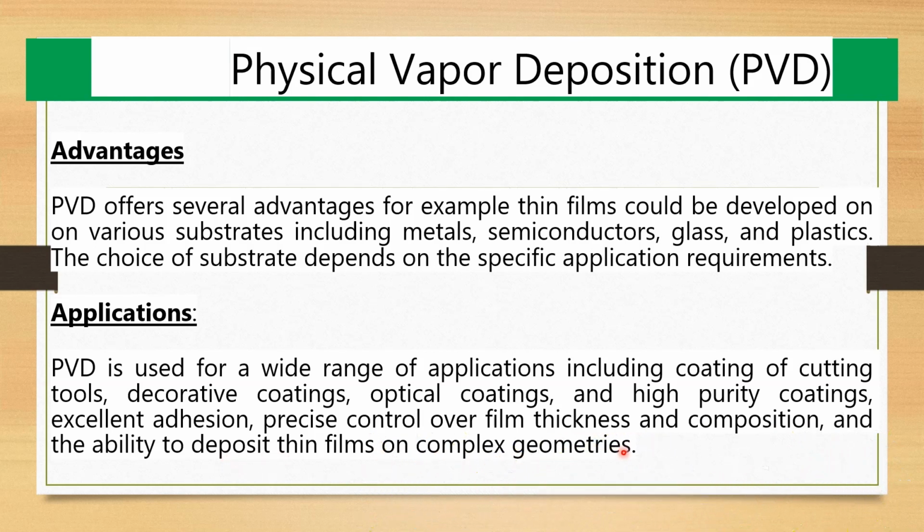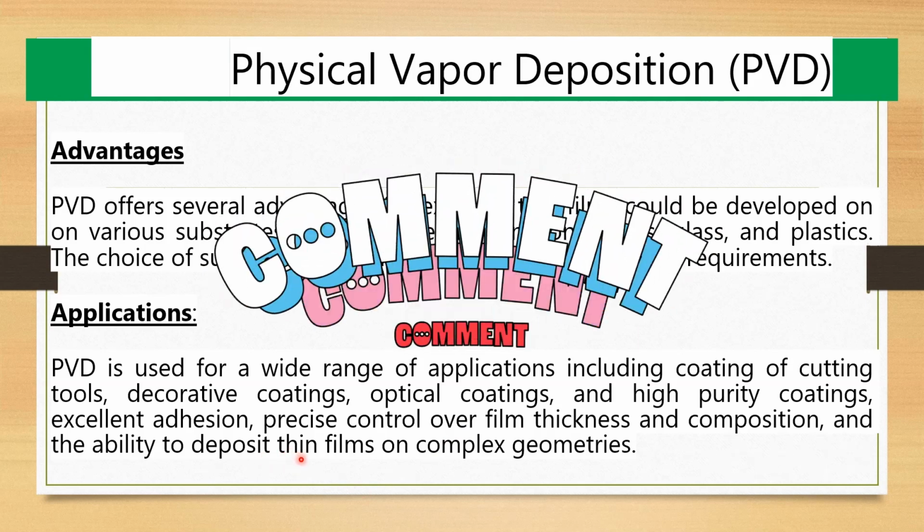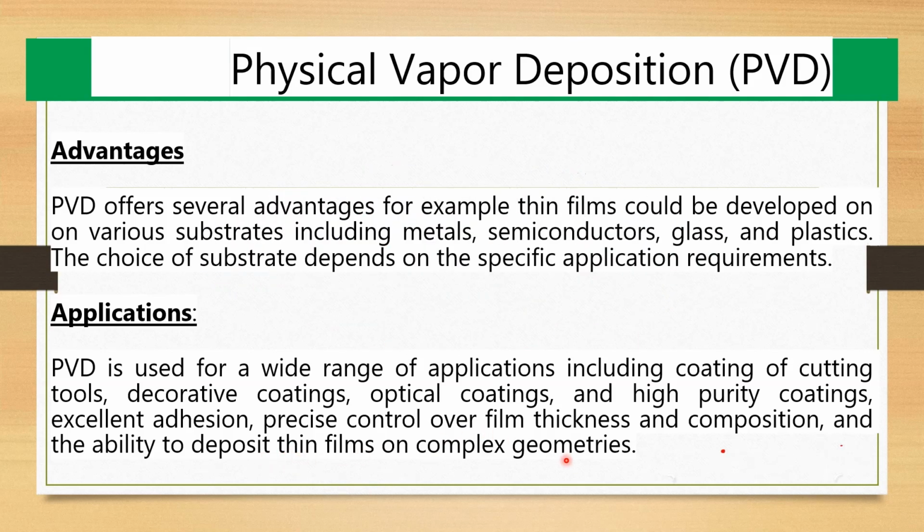So there are the wide applications of physical vapor deposition technique, including that this technique could be used for the coating of cutting materials, coating of decorative materials, as well as optical coatings, and also this technique could be used effectively for the development of thin films on complex geometries.